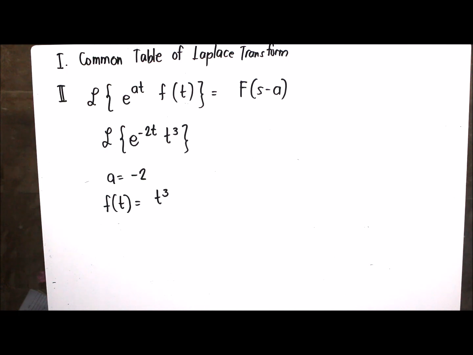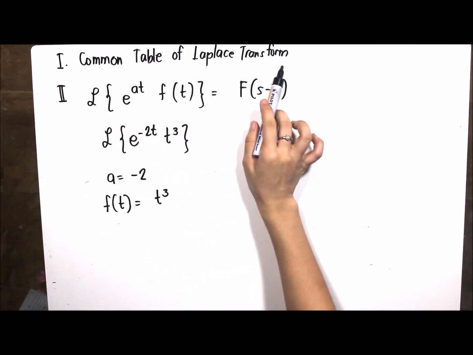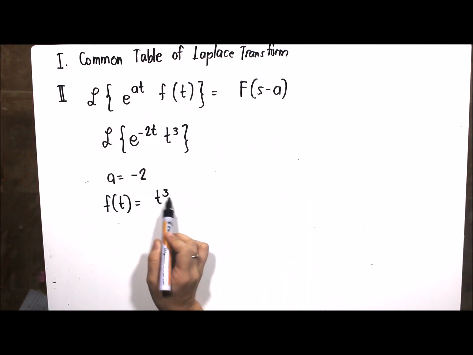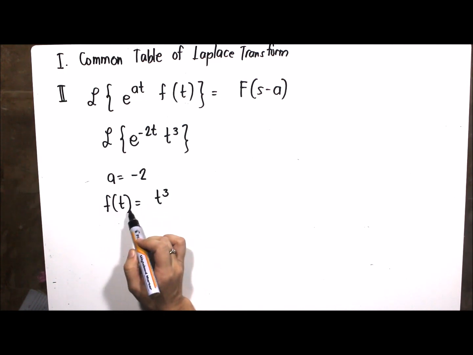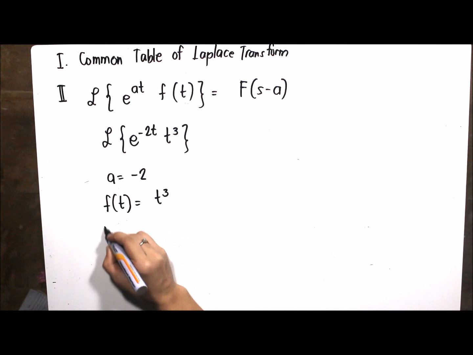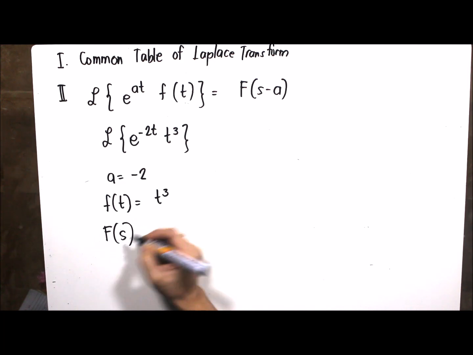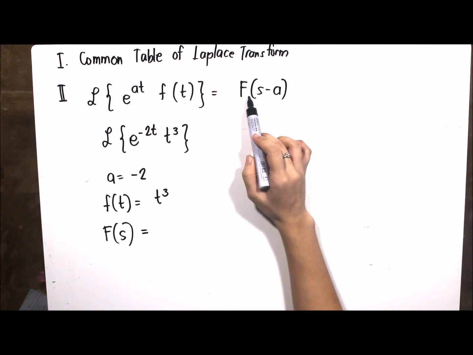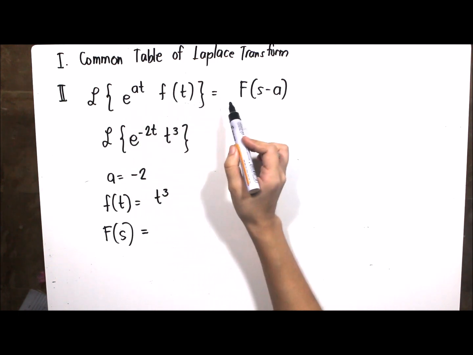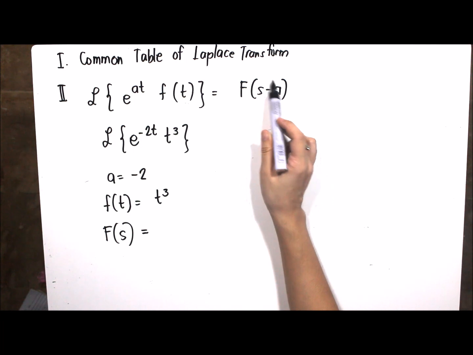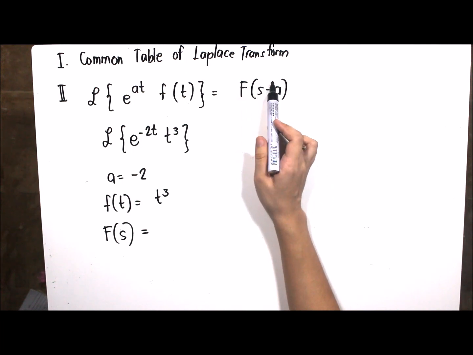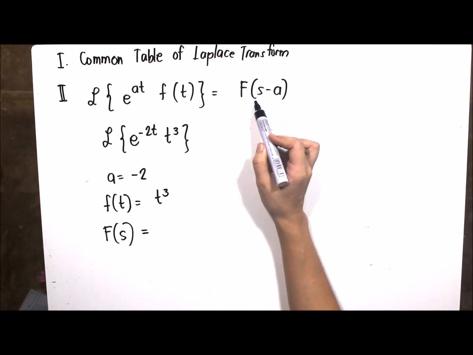What we're going to do is apply common table of Laplace transform para makuha natin yung Laplace transform ng f of t, because taking the Laplace transform of f of t gives us F of s. And as you can see, yung sagot ng e raised to at f of t natin is simply F of s minus a. Meaning, kailangan makuha natin yung original, yung complex function natin na F of s.